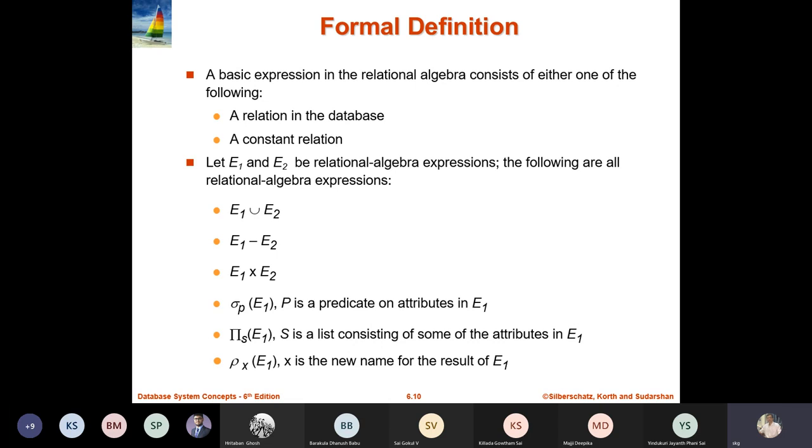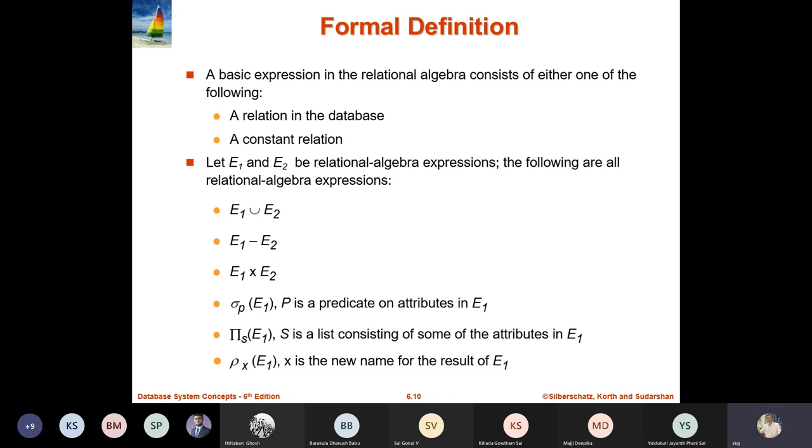In projection, we project out those columns which are given in the list S. And we also have the rename operation, where x is the new name for the result of E1.